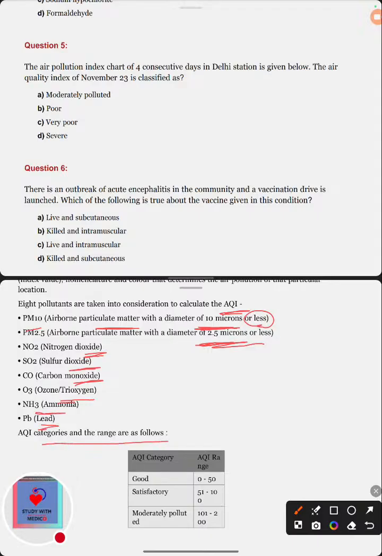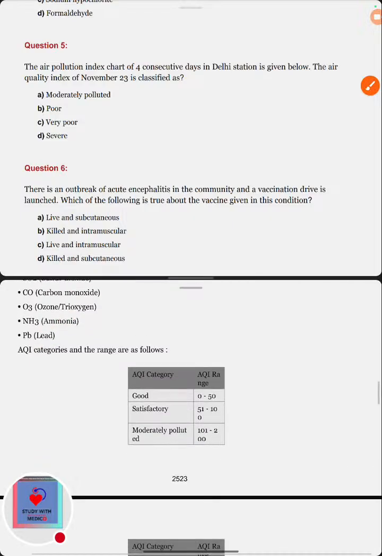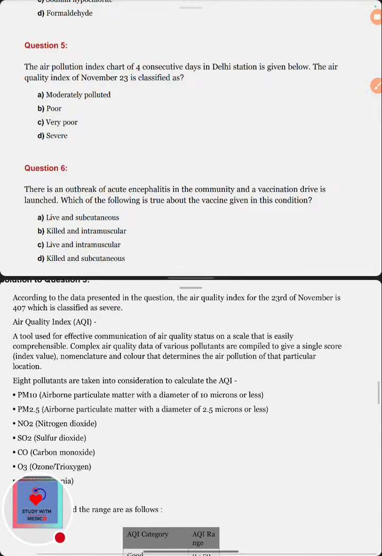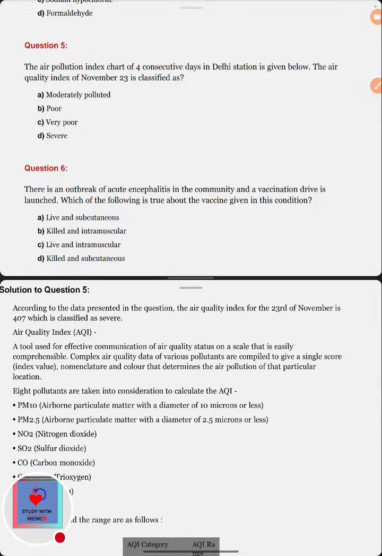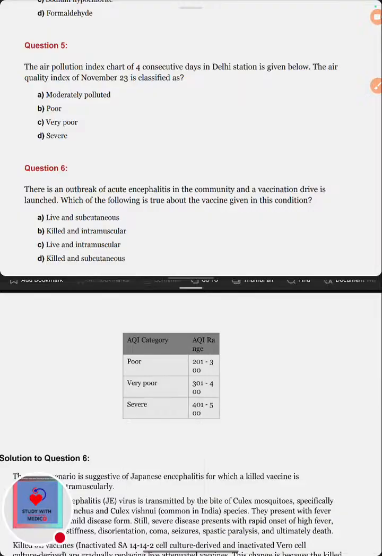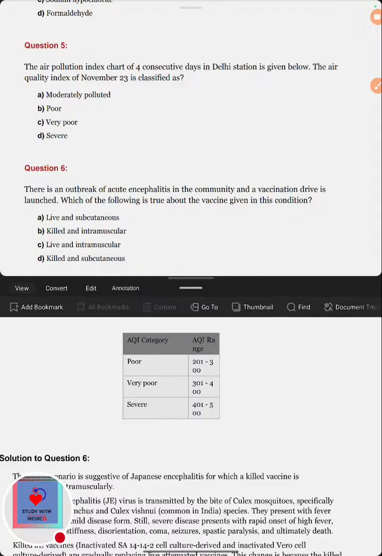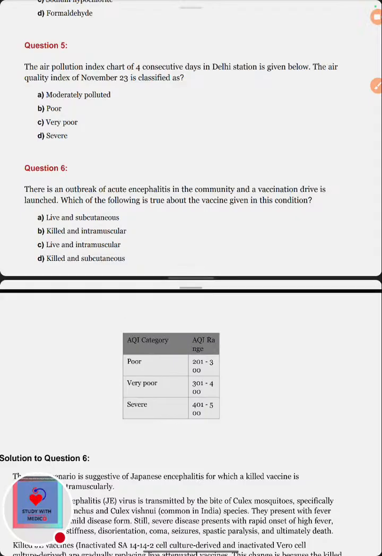AQI categories are in the range as follows. Good is 0 to 50, satisfactory 51 to 100, moderately polluted 101 to 200. But here, as per the question, it is 407. Poor means 201 to 300 and very poor 301 to 400.